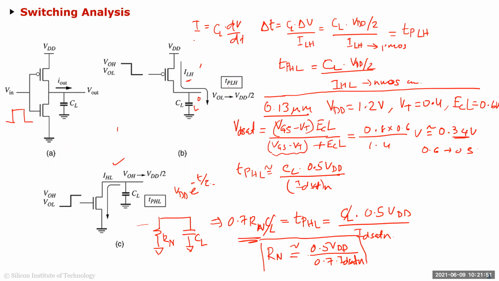And for a unit transistor, if I calculate this, then for any other transistor I can just calculate it as RN times L over W.